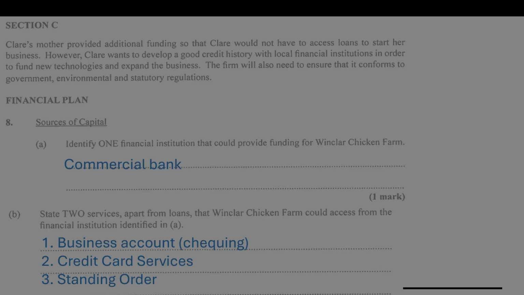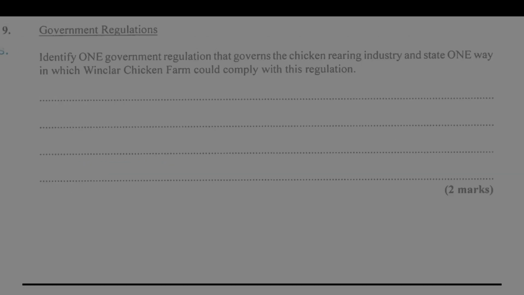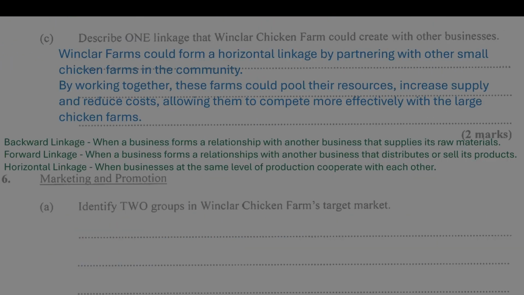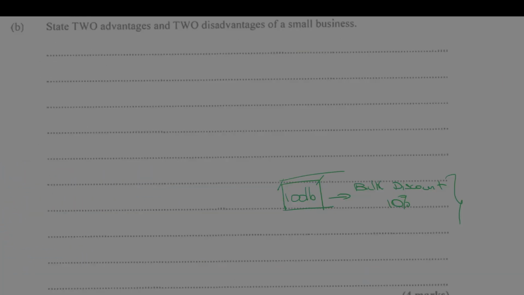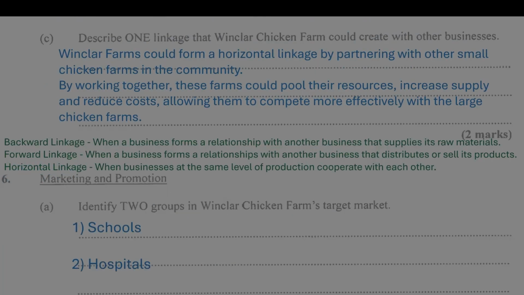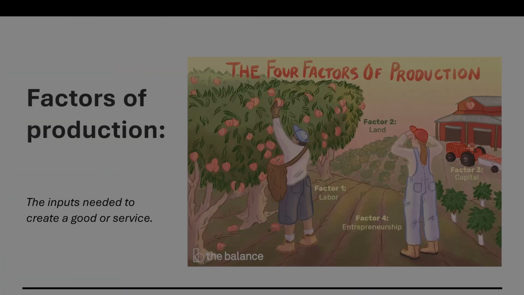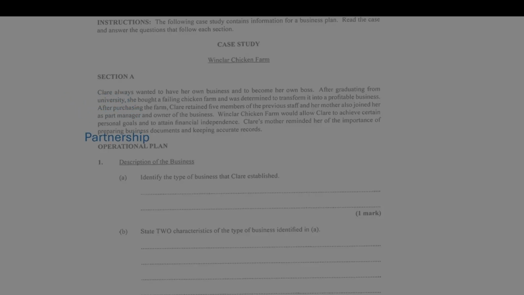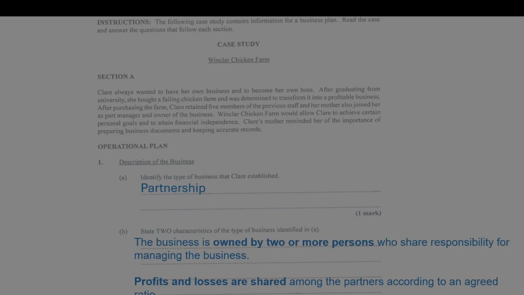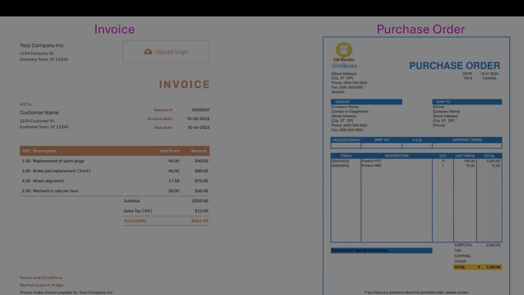So we're going to speak about the sources of capital, the plans for the future. We have to speak about marketing plan and the business's marketing approach. What are their plans for promoting the business? And lastly, we have to speak about operational plan, right? So what type of business did Claire set up and how is she running the business?